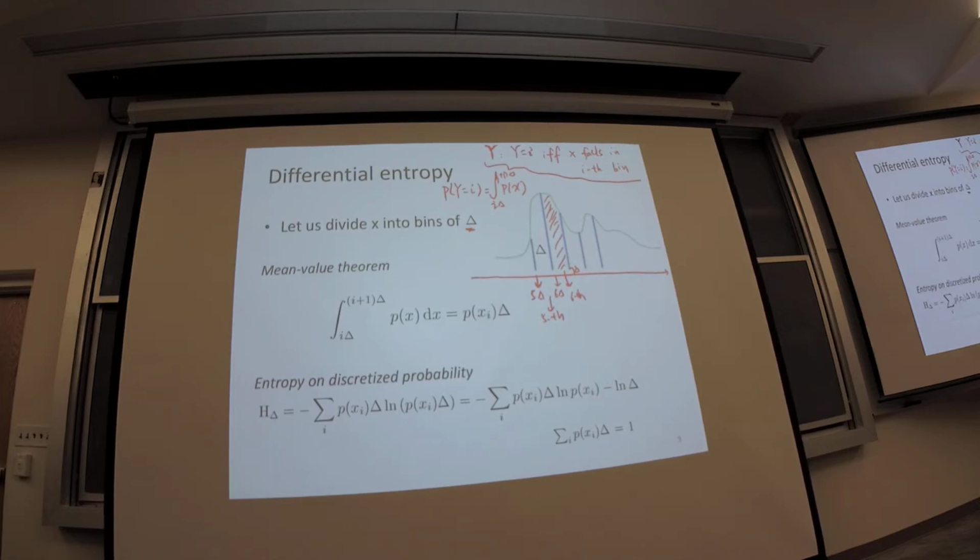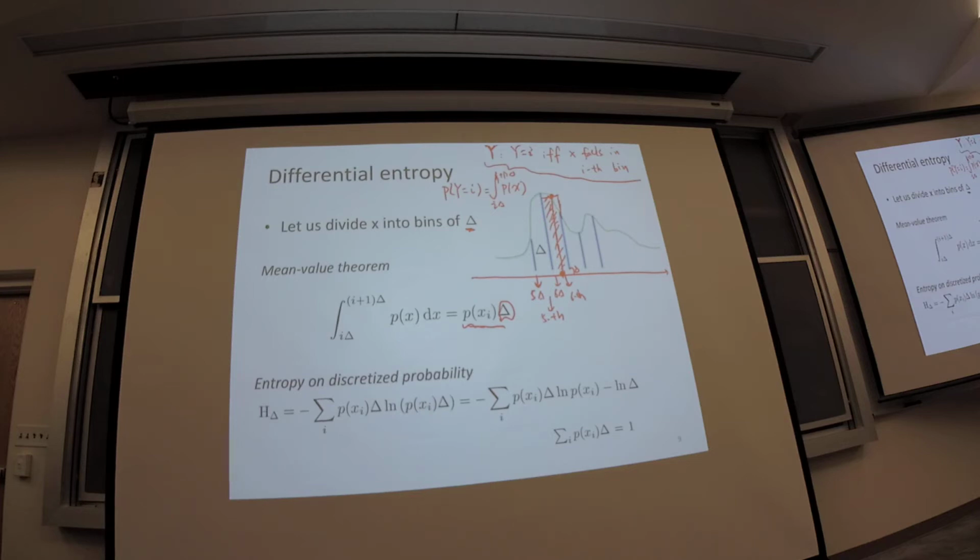According to the mean value theorem, there exists some x_i inside this bin such that this area can be directly calculated as the density at x_i multiplied with the length of the bin. So you can imagine that when I pick some x_i and draw a rectangle like this, the area of this rectangle is the same as the area covered by the corresponding curve in this bin. This is the basic result.